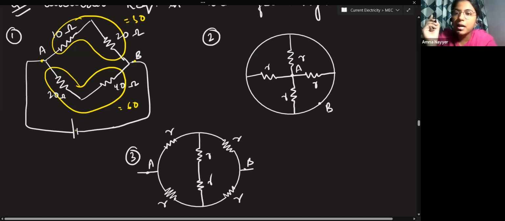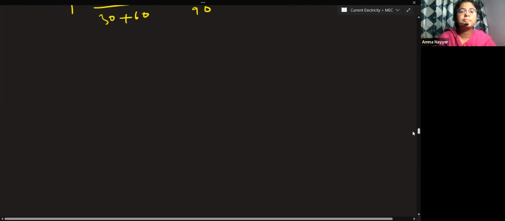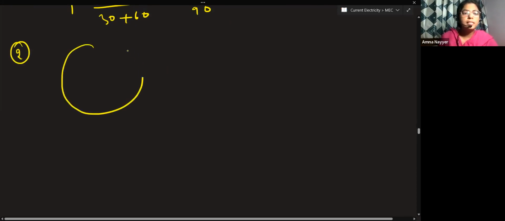Now see in the second part, if I pull it from A, how will it look? All these are shorted, connected.